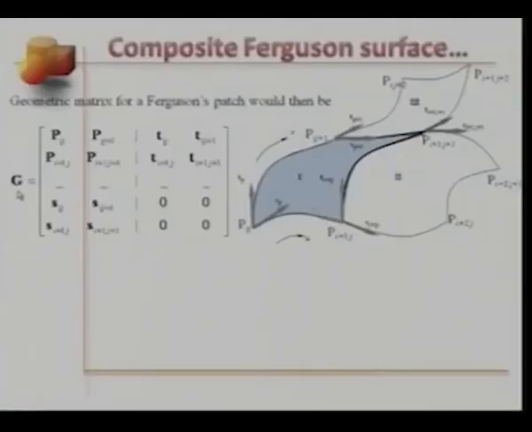So this geometric matrix G would correspond to the first patch. Now we have a slight problem. For i equals 0 or i equals m, the points P-1,j and Pm+1,j are not known.